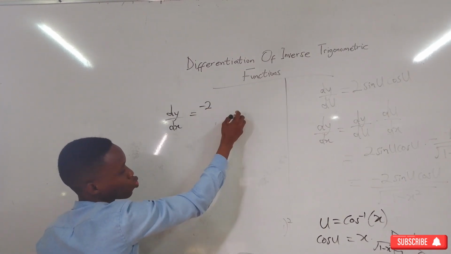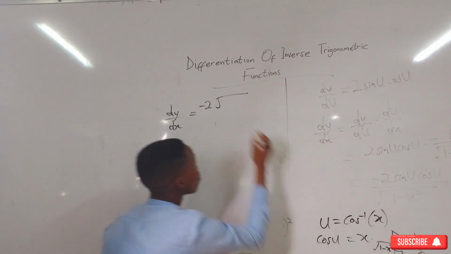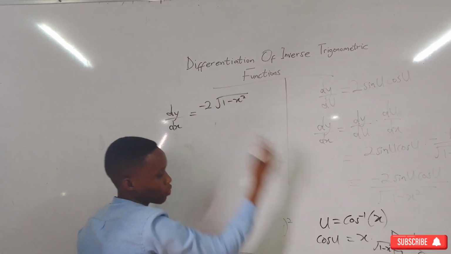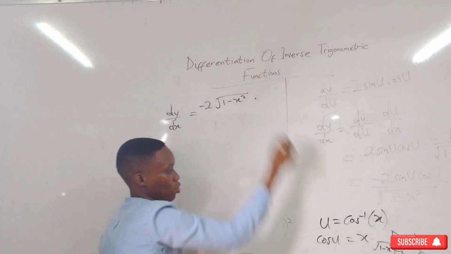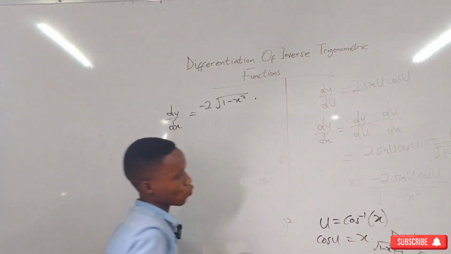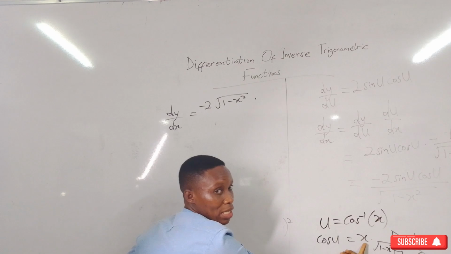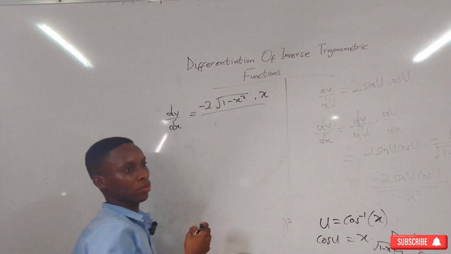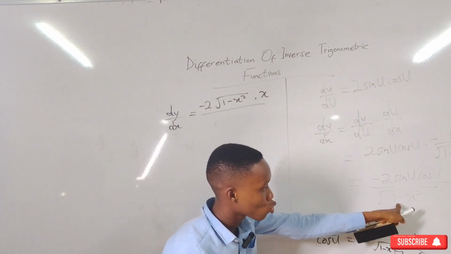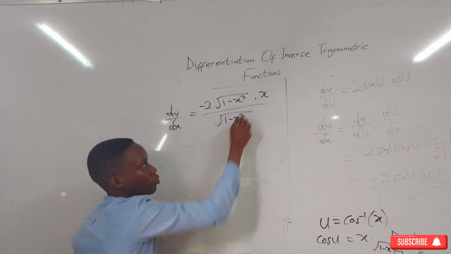So minus 2 sine u, which is the square root of the opposite, 1 minus x squared, divided by the hypotenuse 1, times cos u, which is just x. Wherever we see cos u, we substitute x there, divided by the square root of 1 minus x squared, which is represented there.